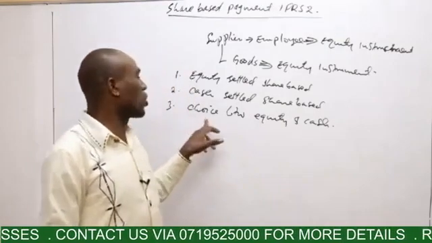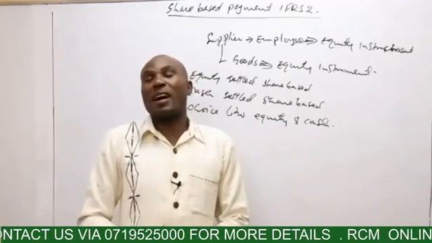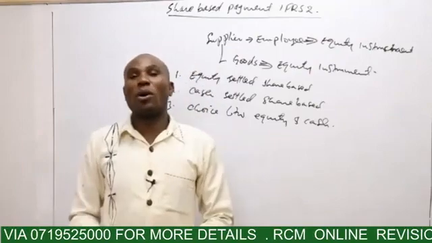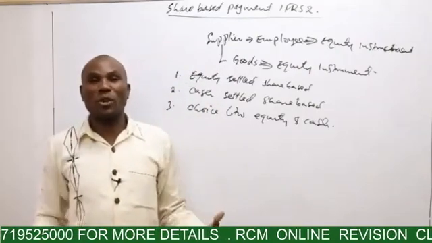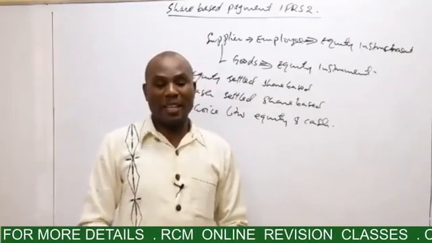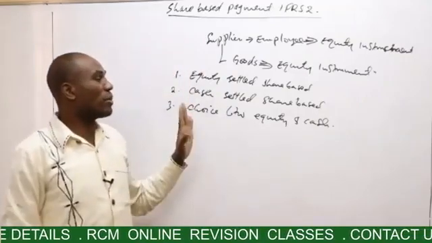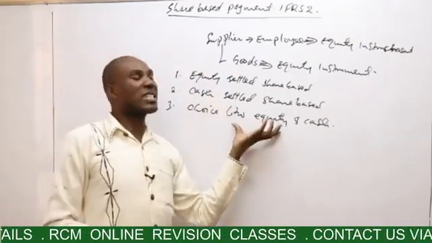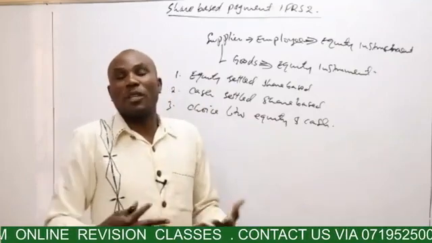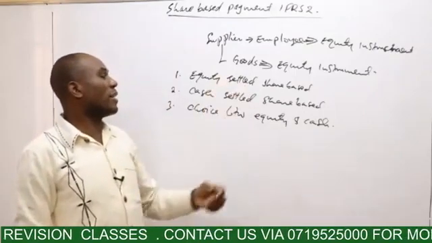Then we have choice between equity and cash. Now the counterparty has the choice to either receive consideration as cash or by equity instrument. It's a hybrid transaction where you can choose any of the two.